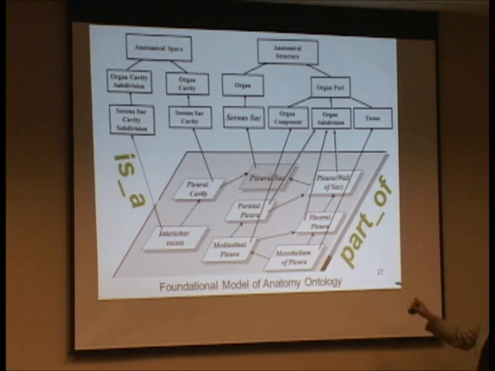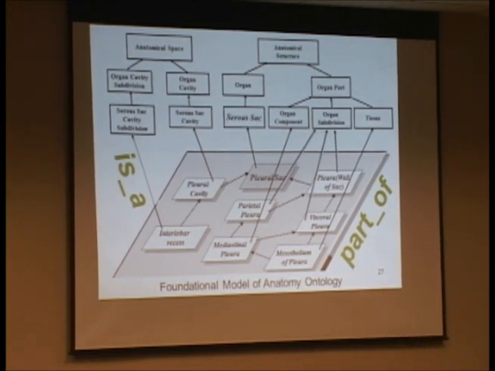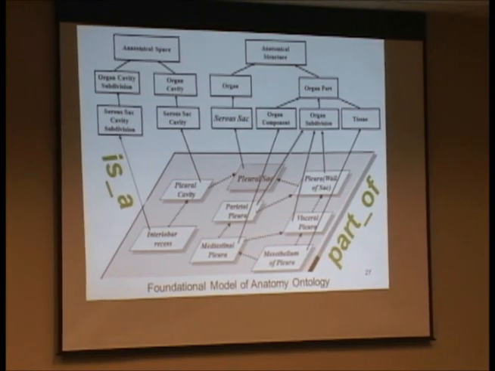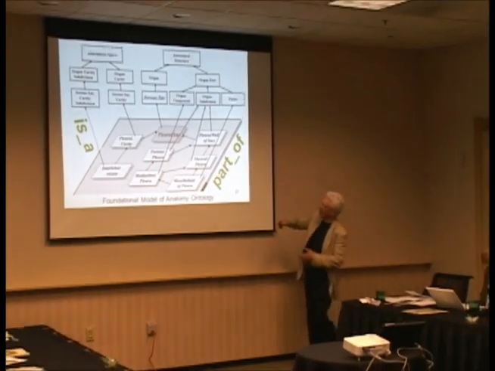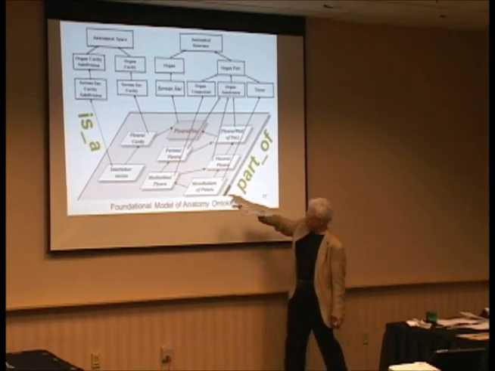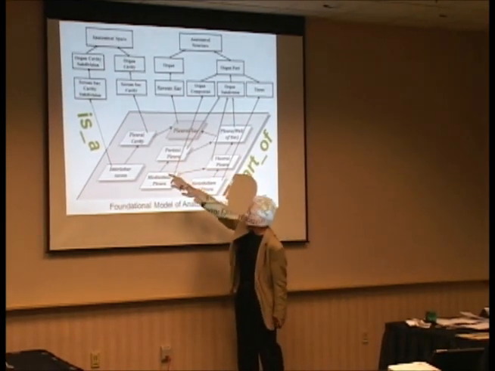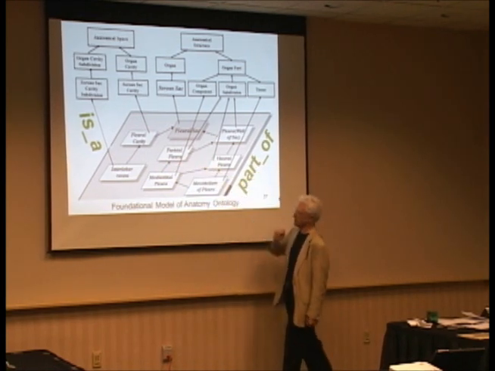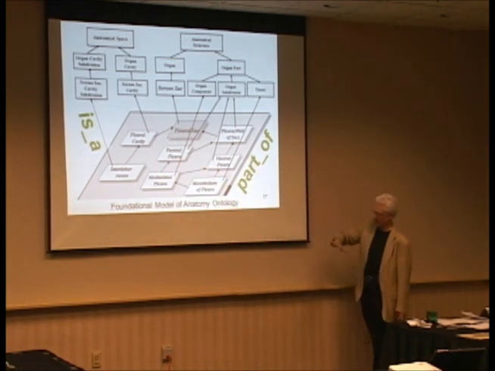One of the best examples of an ontology in the life sciences domain is the Foundational Model of Anatomy, the FMA. We have on the horizontal plane the part-of relations. So the interlobar recess is a part of the pleural cavity, which is a part of the pleural sac. That's one stratum.